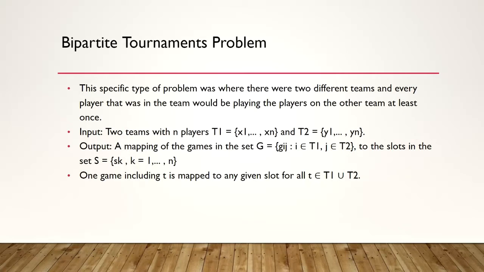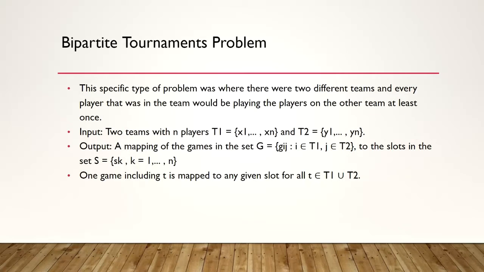So the fourth type of problem we'll be talking about is the bipartite tournaments problem. This specific type of problem is where there are two different teams, and every player in one team will be playing the players on the other team at least once.